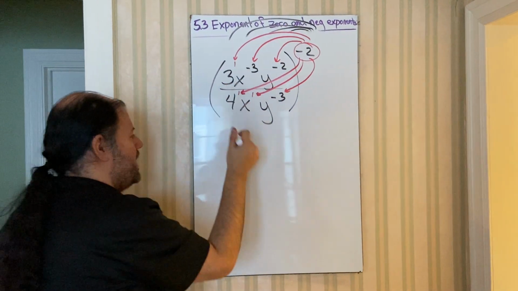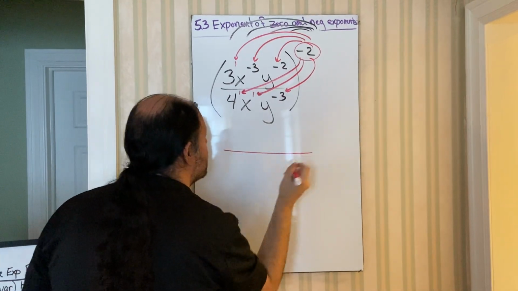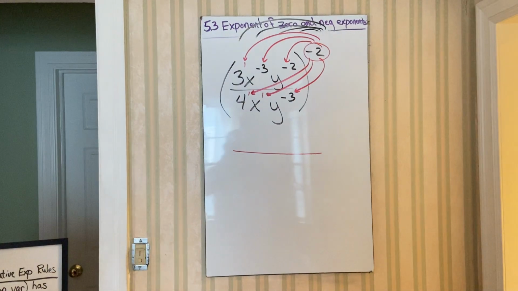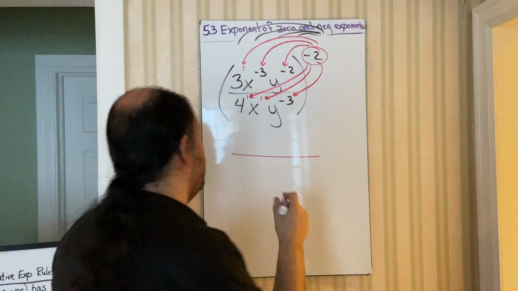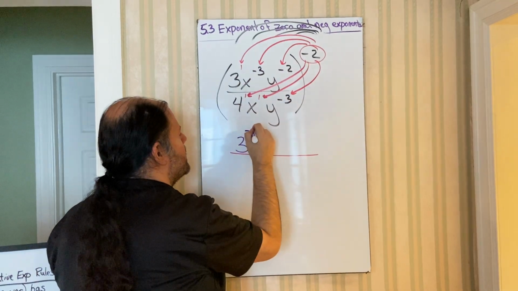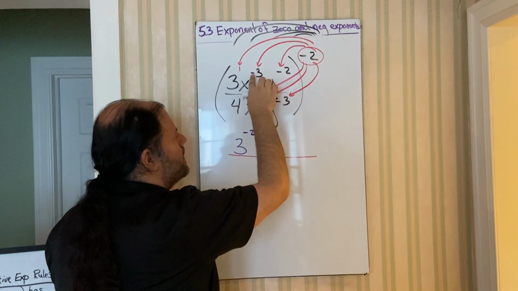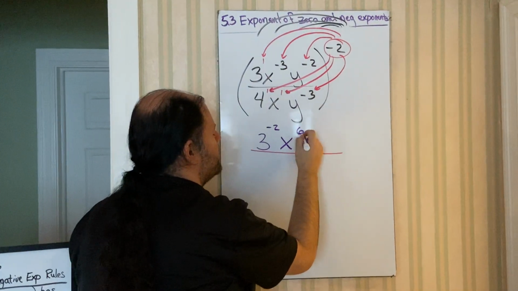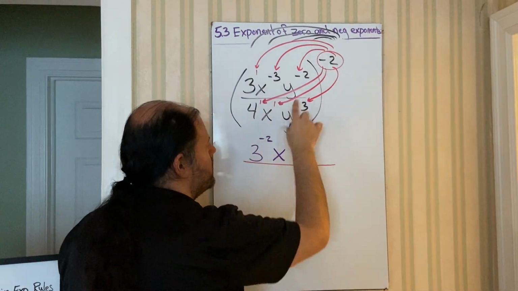When I distribute, we multiply. So keep the same base, and just multiply exponents. We keep the 3, but 1 times negative 2 is negative 2. Here, negative 3 times negative 2 is a positive 6. Keep the same base of x.